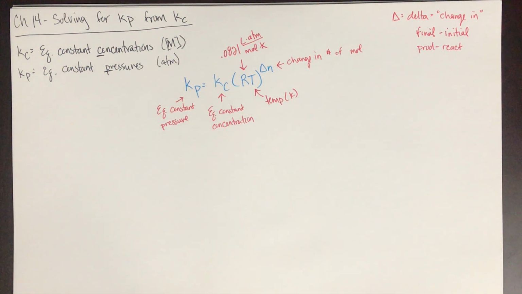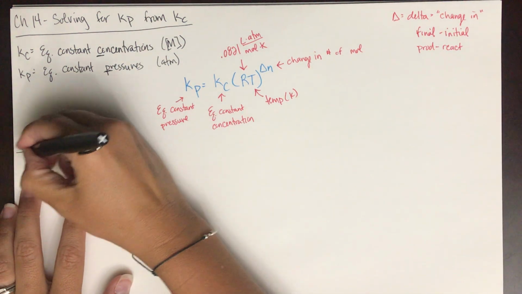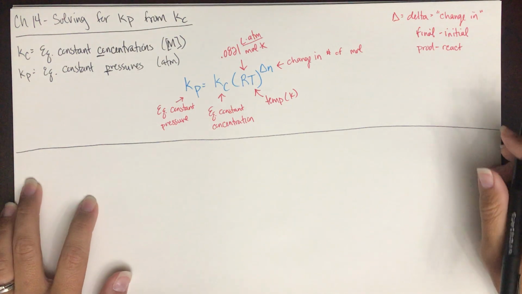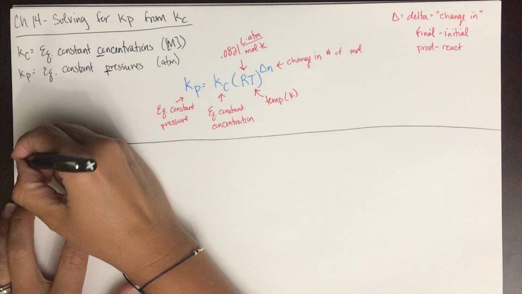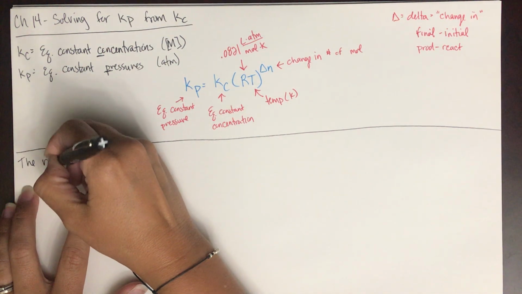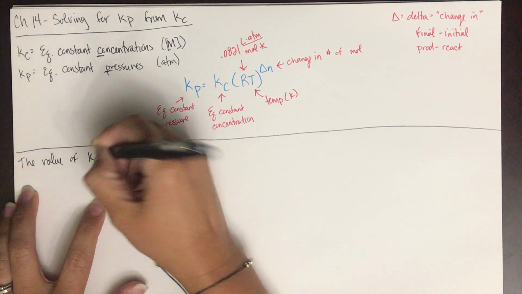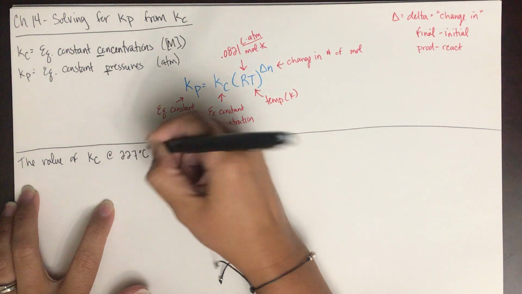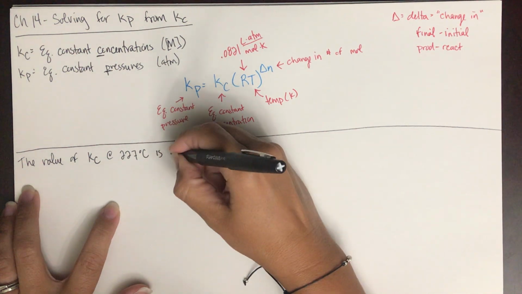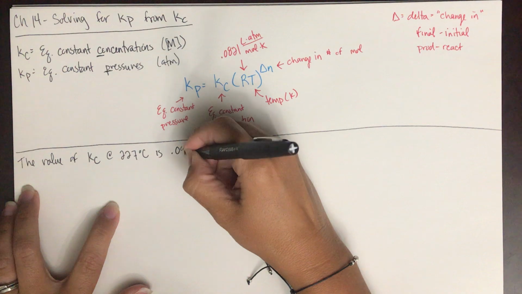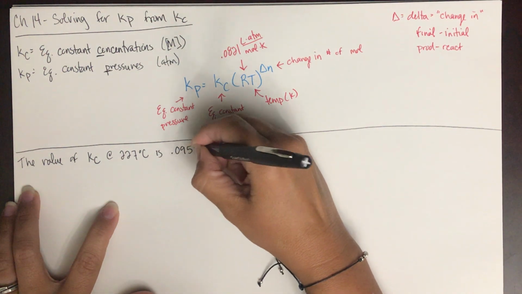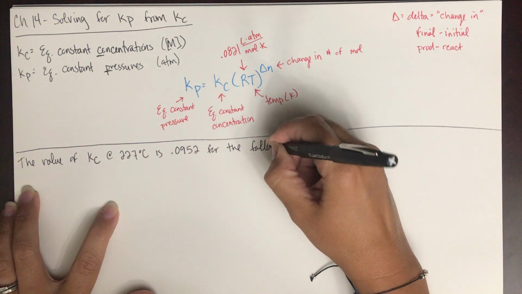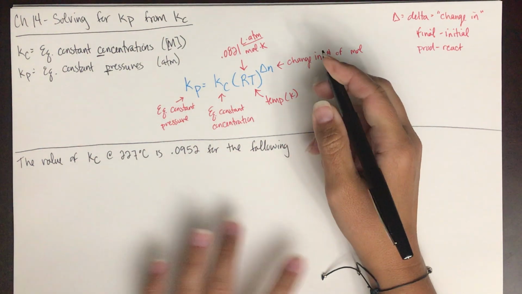Okay, so let's look at an example. So let's say the value of the Kc at 227 degrees Celsius is 0.0952 for the following reaction.